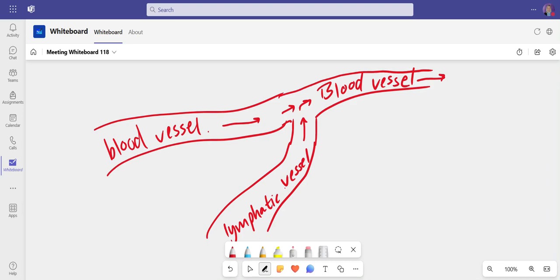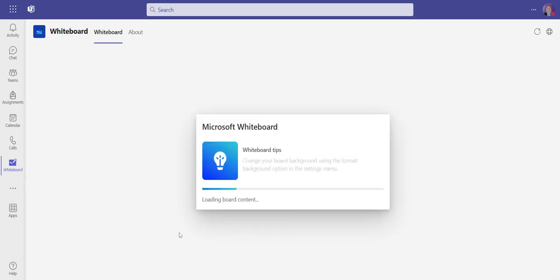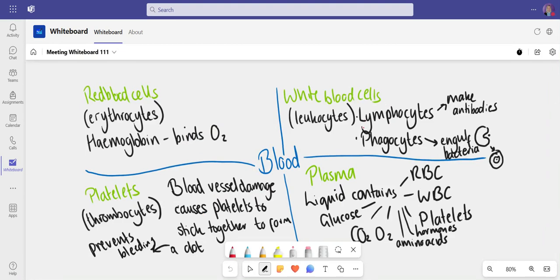Now, something to do with the lymphatic system that you might have heard of before is lymph nodes. Now, your lymph nodes are part of your body that makes the lymphocytes. Now, if you remember back to our slide about blood, just here, one of the types of white blood cells was called lymphocytes.